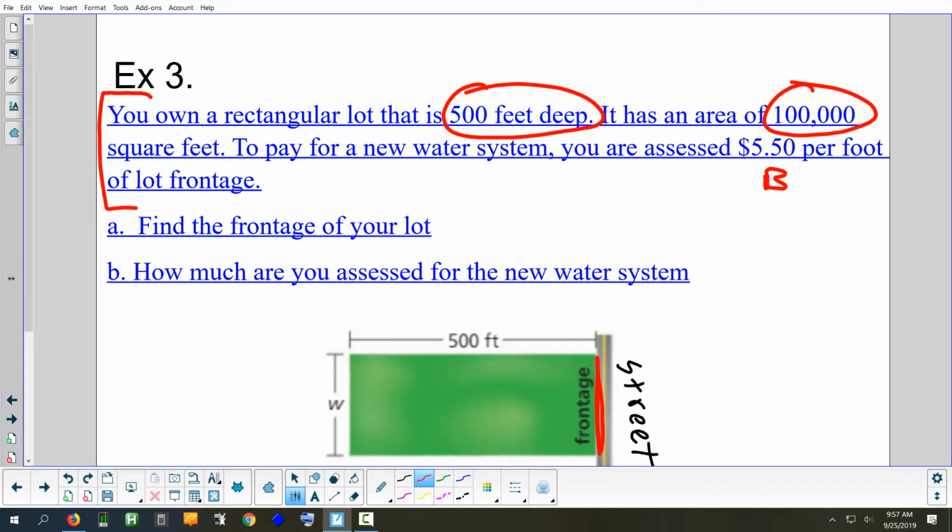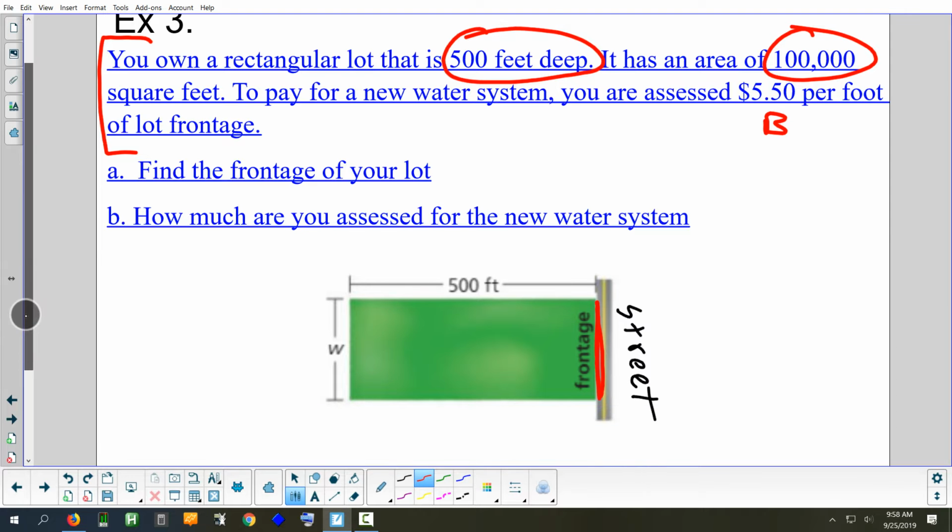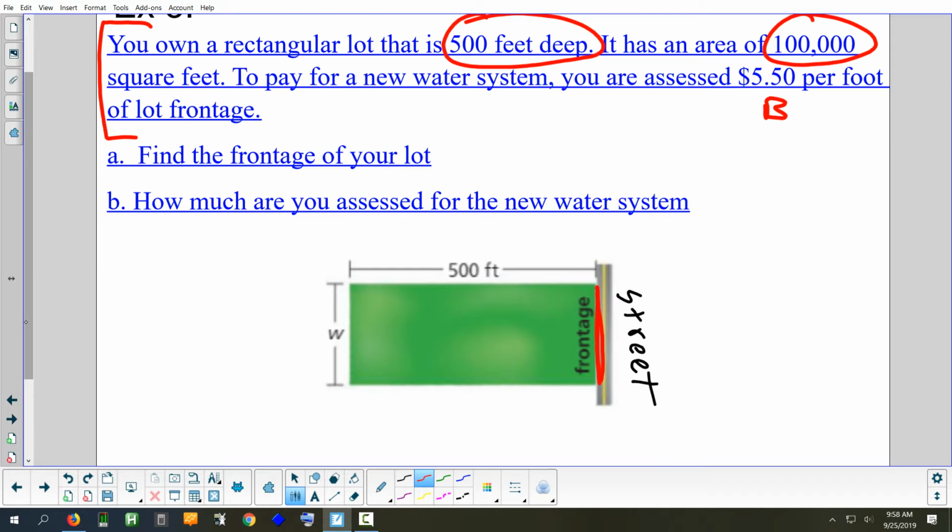What shape is your yard? It's a rectangle, and they're giving us the area of a rectangle. So I need to know that formula. What's the formula for area of a rectangle?